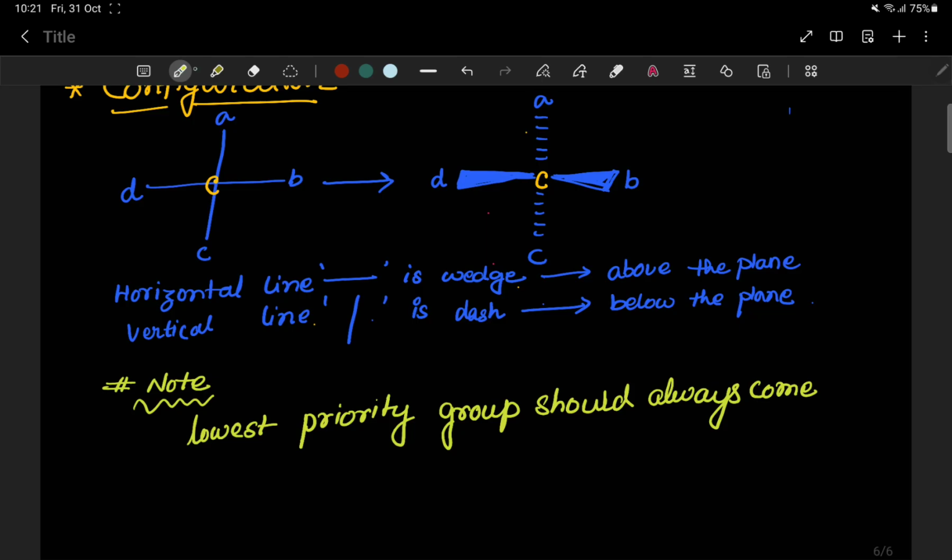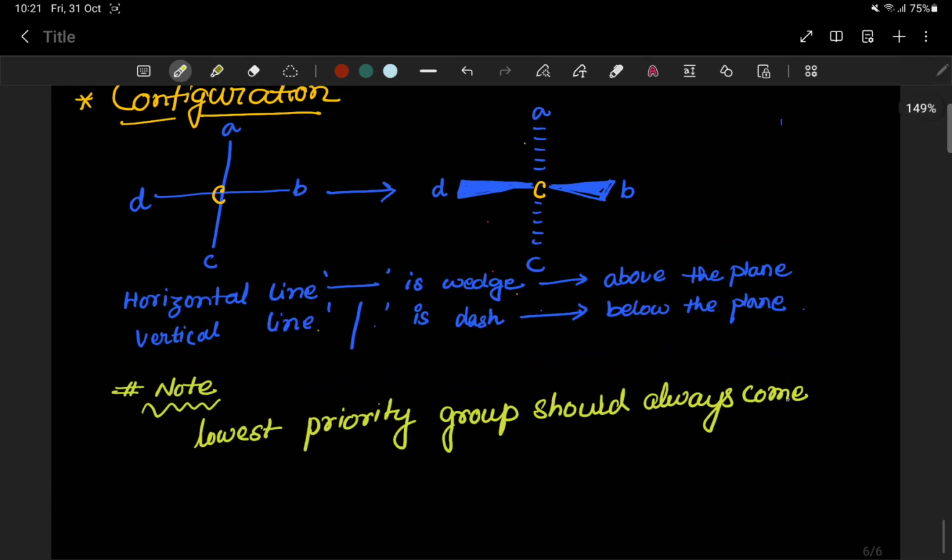Wait a second, I think I made a mistake in the spelling of wedge. Just check it once. So the lowest priority group should always come below the plane. This is our target, or you can say this is our main note.